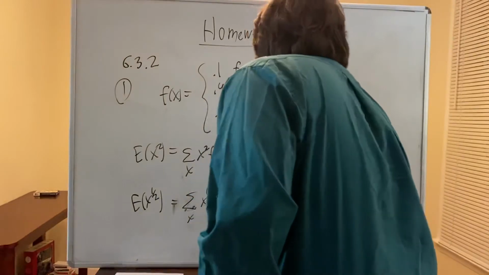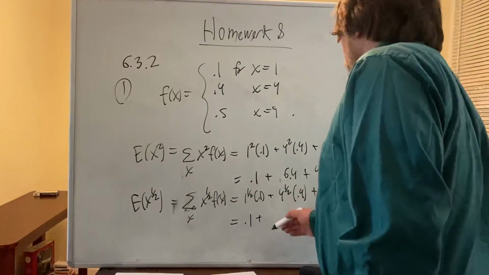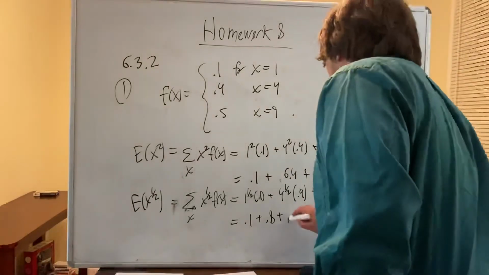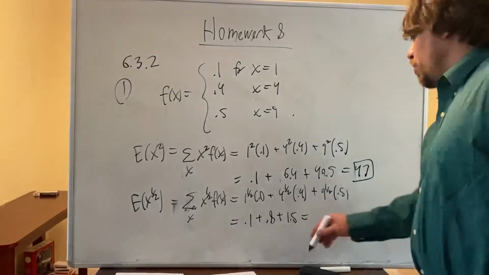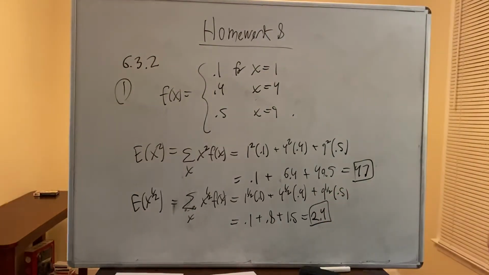That's 0.1 plus the square root of 4, which is 2, times 0.4 is 0.8, plus the square root of 9, which is 3, times 0.5, which is 1.5. And so that's 2.4. So E of X to the 1/2 is 2.4.